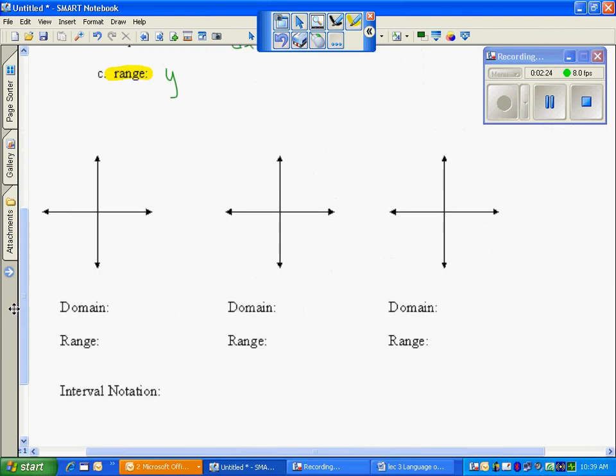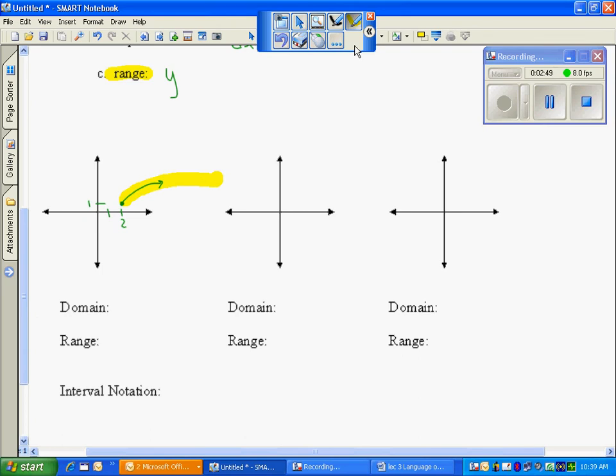If I had a picture of my rule in a graph form showing all the solutions, notice my solutions start here at x equal 2 and at y equal 1. So my domain then only starts from 2 and goes to my right. So we have a way to write that.